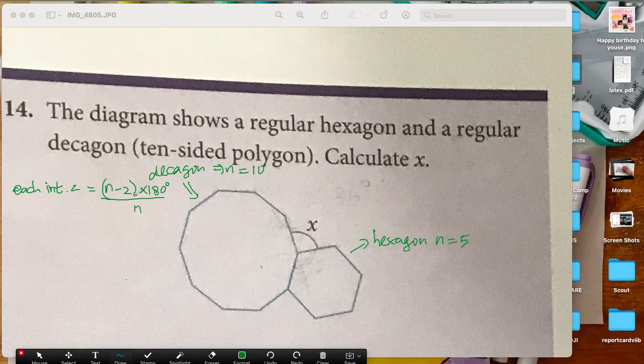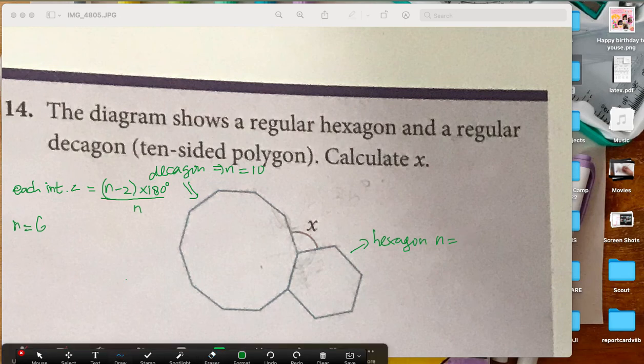So that's going to be that formula. So then let's start with the hexagon. If it is a hexagon, if n equals to 6, right? So then it will be n equals to 6.